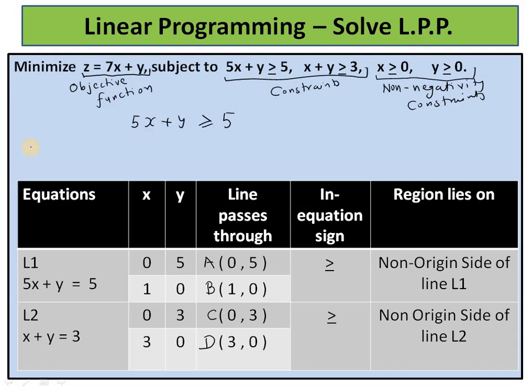Now I put x equal to 0 and y equal to 0 in this inequality. So मुझे लेफ्ट हैंड साइड क्या मिल जाएगा? 5 into 0 plus 0 will be 0 and right hand side तो है ही ऐसा 5. So these are the coordinates of origin. Are they satisfying this? No. They are not satisfied.